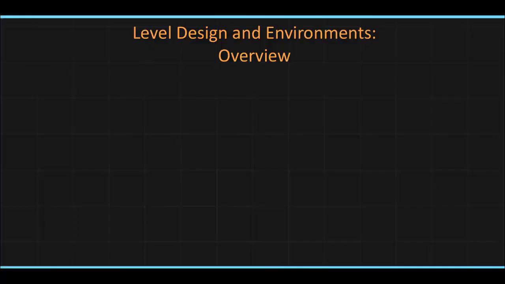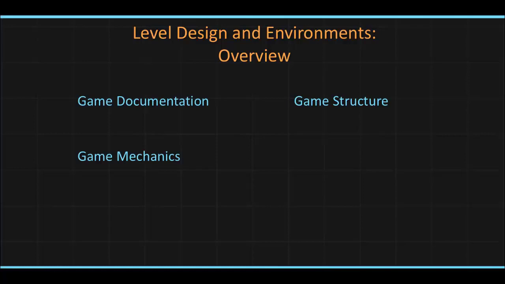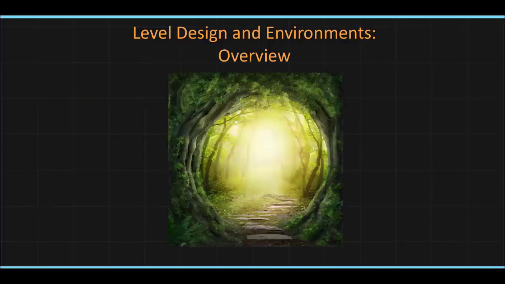In previous modules, we touched on some broad concepts of game design. These included game documentation, game structure, our introduction to game mechanics, and common design theories. Now, let's see how some of these theories are applied to level design. Level design, associated with environment design, is a technical and creative process that lays out the themes, mechanics, and concepts of the section of a game.